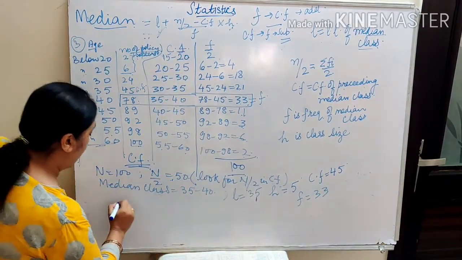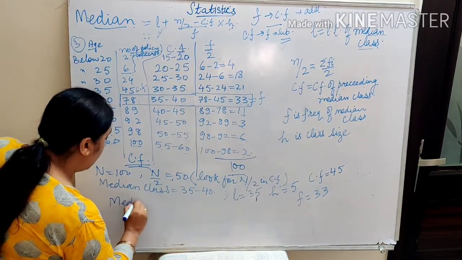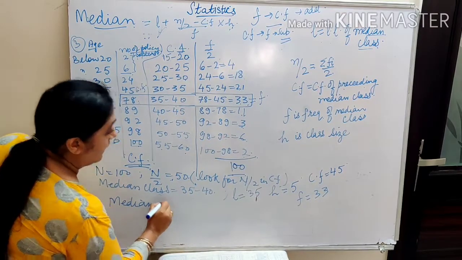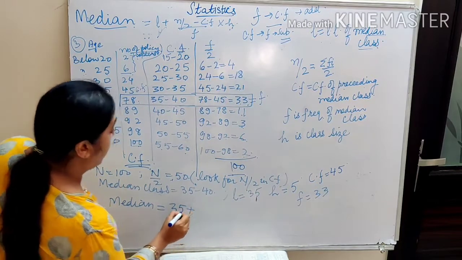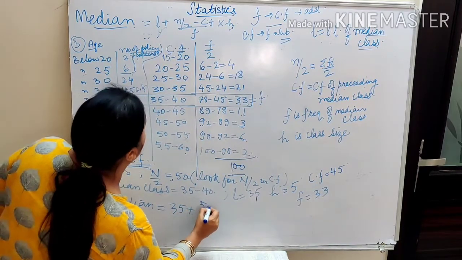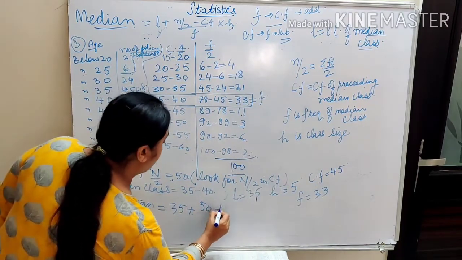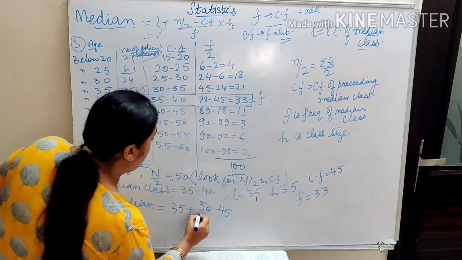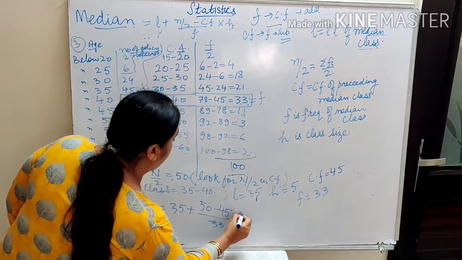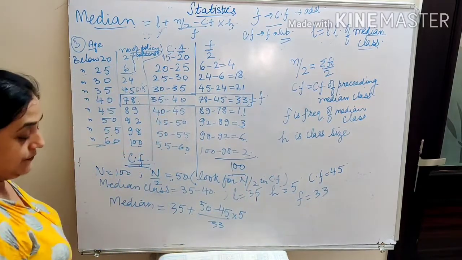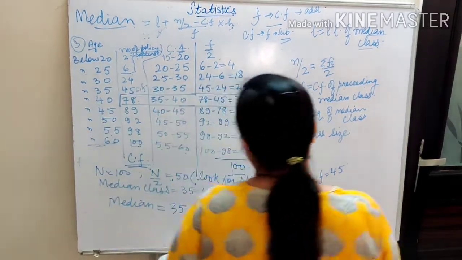Now simple, you have to calculate. Median is equal to L. What is L? 35 plus N by 2. N by 2 comes out to be 50 minus CF. CF is 45 upon 33 into H. H is 5. Again please check the way I am calculating.